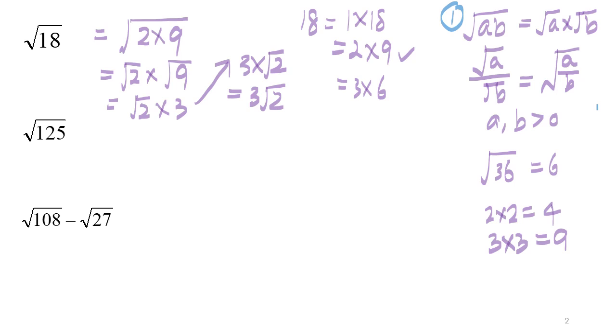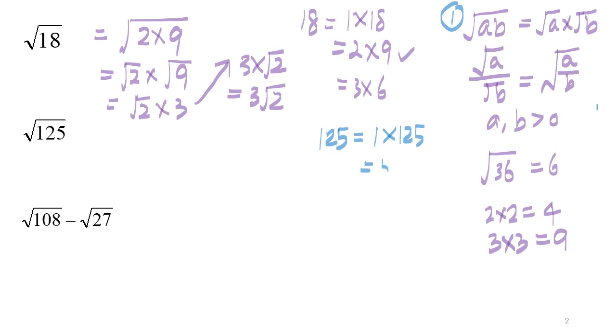Alright, let's do another example. Square root 125. If you look at 125, let's break down the factors. You can have 1 times 125. You can't have 3, because 125 is not divisible by 3.